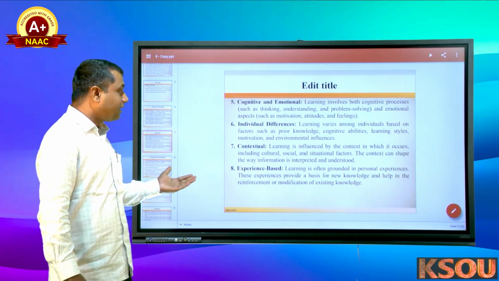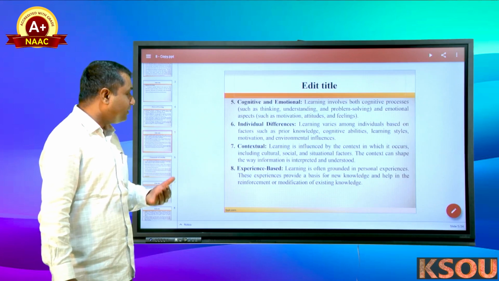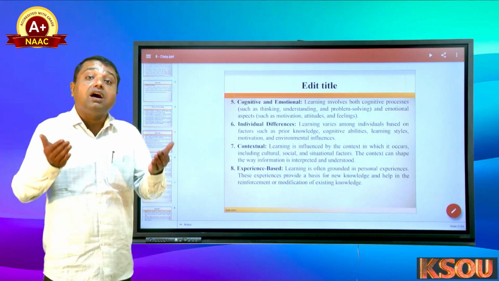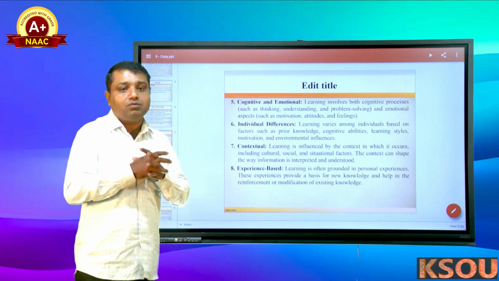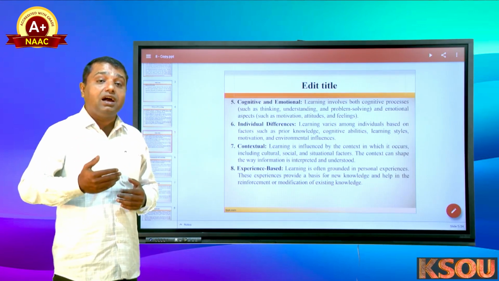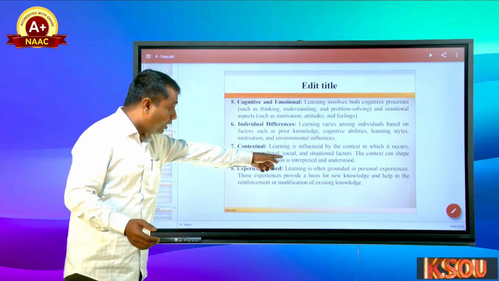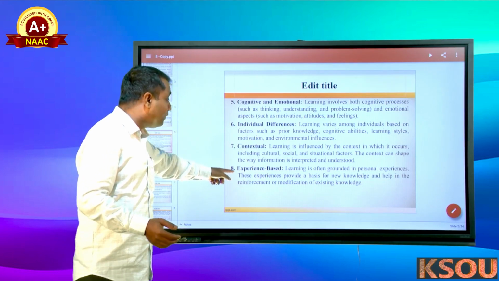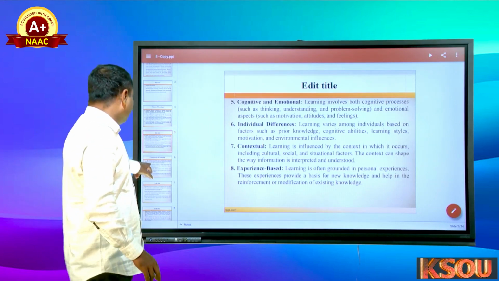These experiences provide a base for new knowledge and help in the reinforcement and modification of our existing knowledge. For example, when we have some amount of knowledge, through learning our knowledge gets updated, which helps in the reinforcement or modification of our previous experiences.